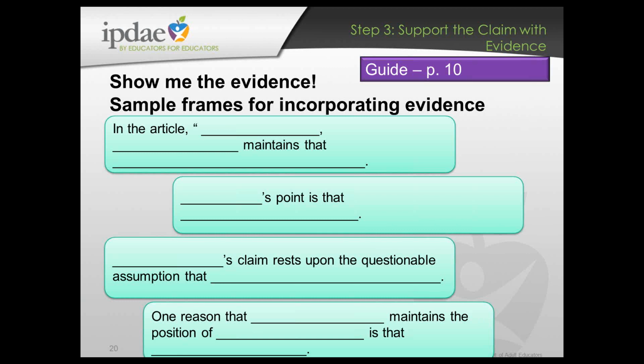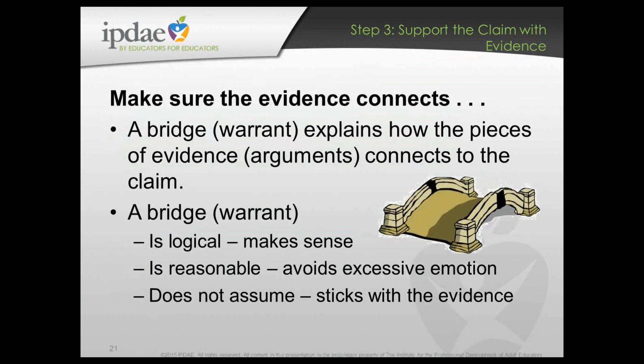Totally agreed. So it comes back to the fact that we do have to make sure the evidence connects. And that's one of those things we call the warrant, or we call it a bridge, whichever one. It doesn't matter. You can use either one, which explains why we can't have students making lists.